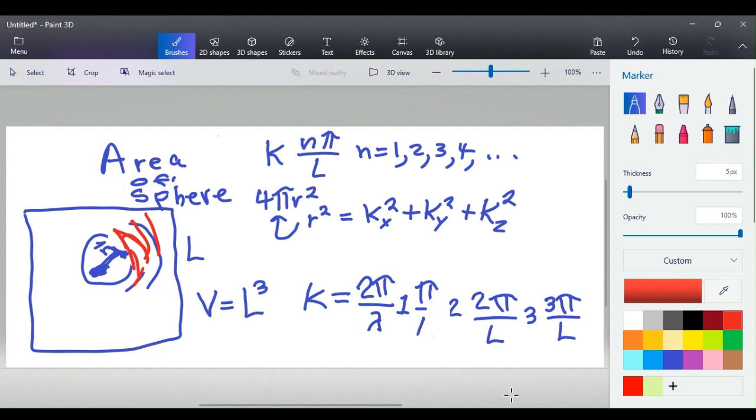And these were some of the equations that I came up with there, and I said the area of a sphere is 4 pi r squared. That's very important, but I think I need to make a correction here. And that correction is, you see in this K, that N there?